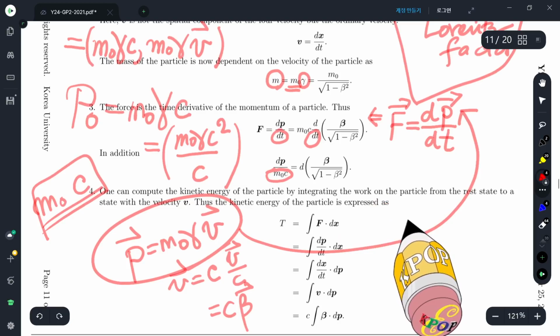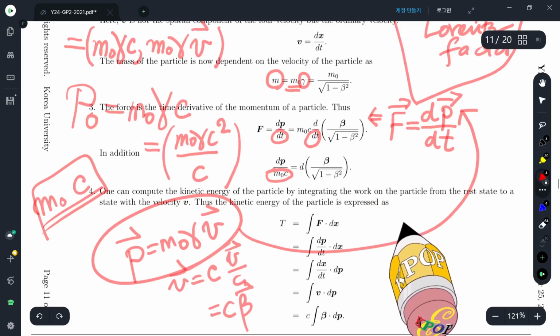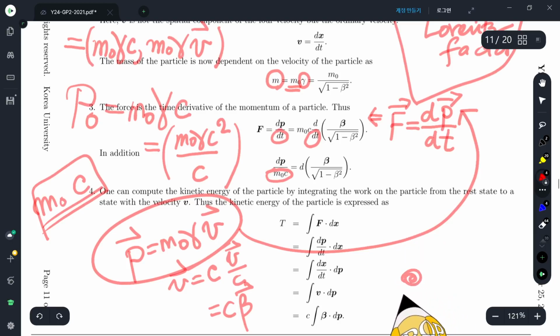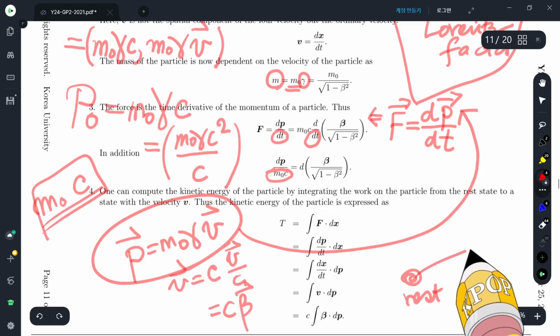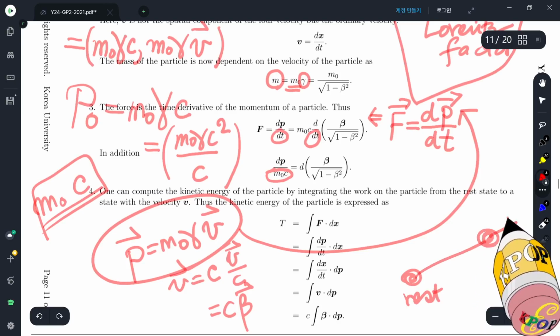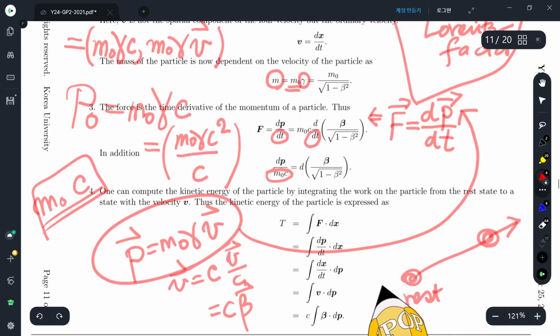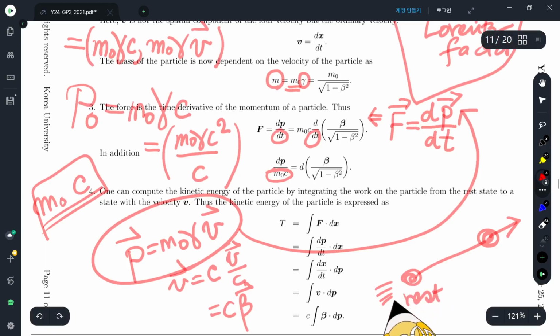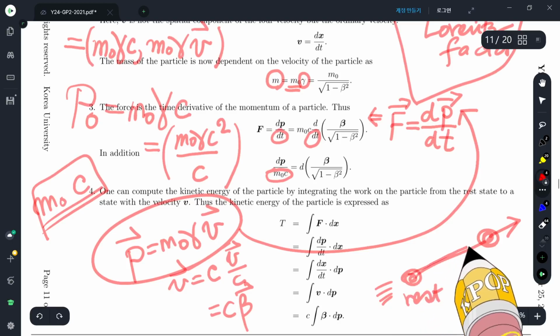What we want to do is to compute the kinetic energy of the particle from the rest frame to when we boost up this particle. Whatever energy is supplied to the particle, if it acquires energy, then it is revealed as the kinetic energy.